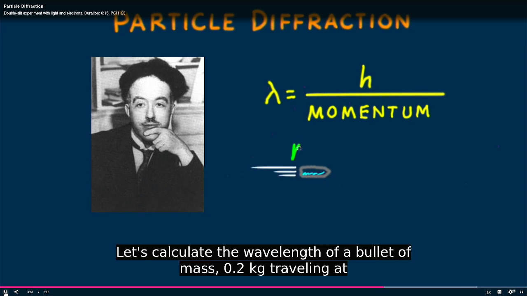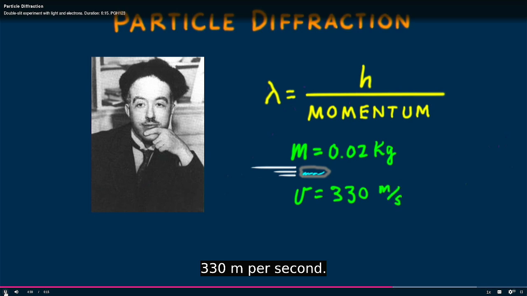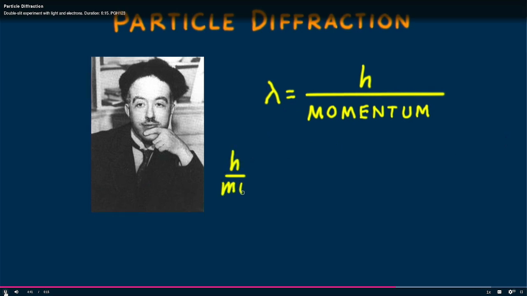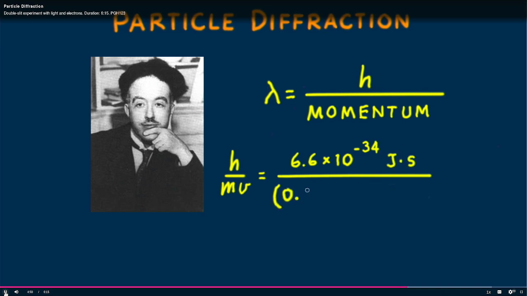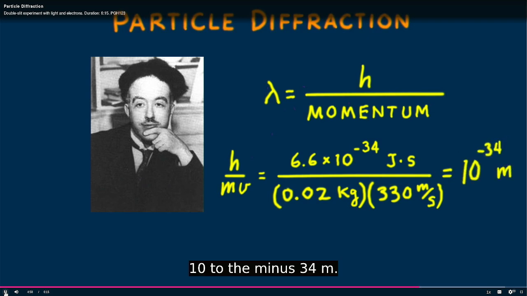Let's calculate the wavelength of a bullet of mass 0.02 kilograms traveling at 330 meters per second. We get, plugging in the appropriate values, about 10⁻³⁴ meter.